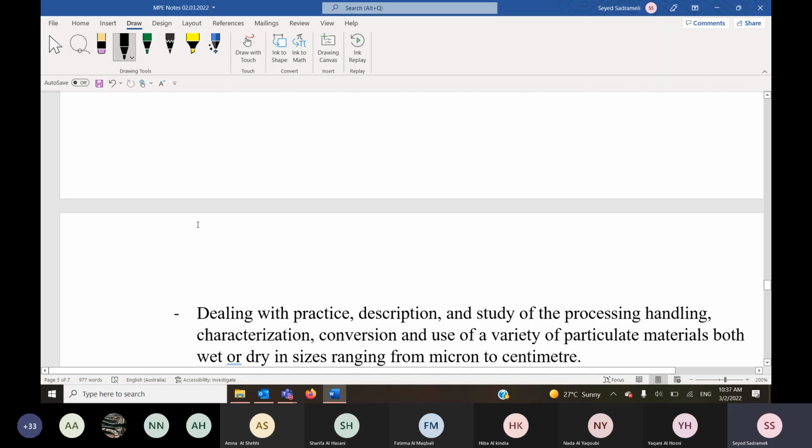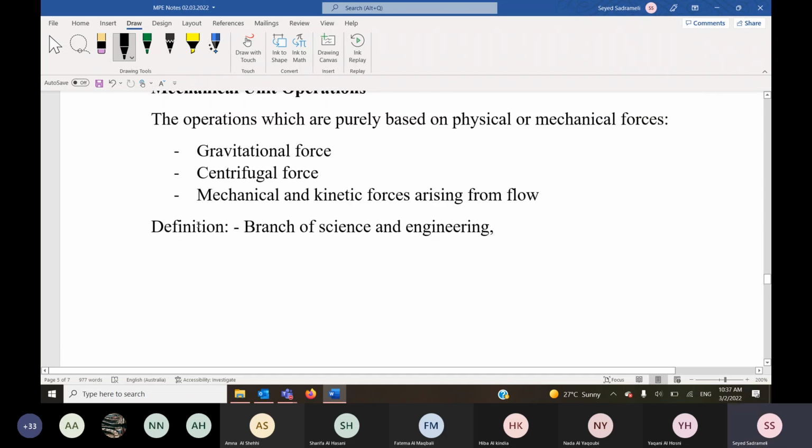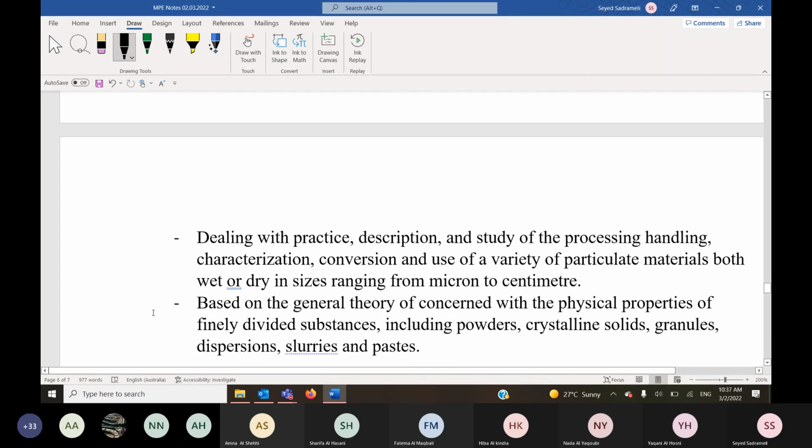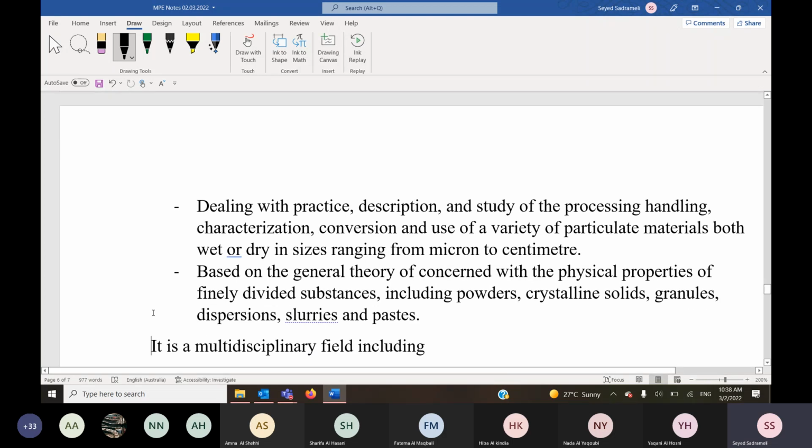So the definition for mechanical unit operations: these are the branch of science and engineering dealing with the practice, description, and study of the processing, handling, characterization, conversion, and use of a variety of particulate materials, both wet or dry, in sizes ranging from micron to centimeter.